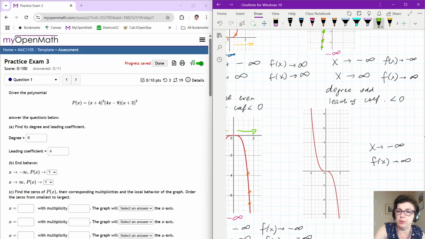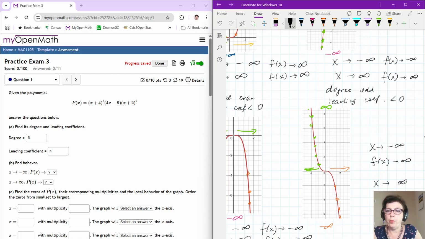Why? Because as I'm going this way and I'm walking, the graph goes to positive infinity, right? That's right here. But if you are walking the other way, at the same time, the graph goes down to negative infinity. So this is where if x approaches positive infinity, f of x approaches negative infinity.